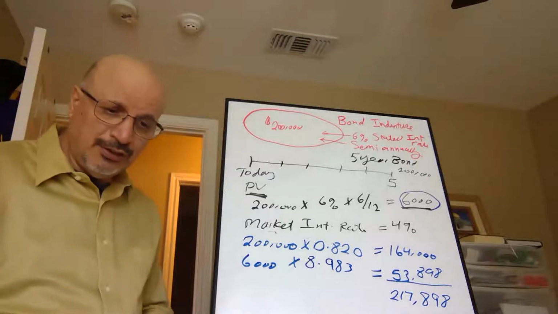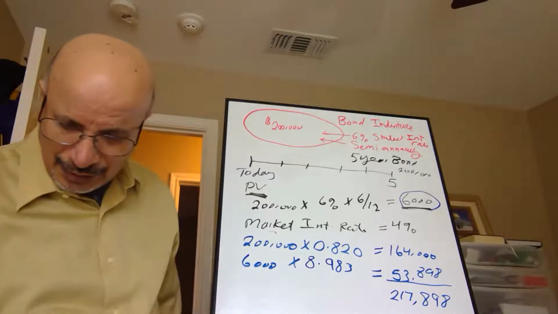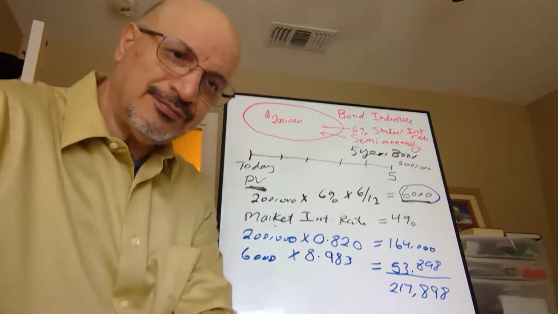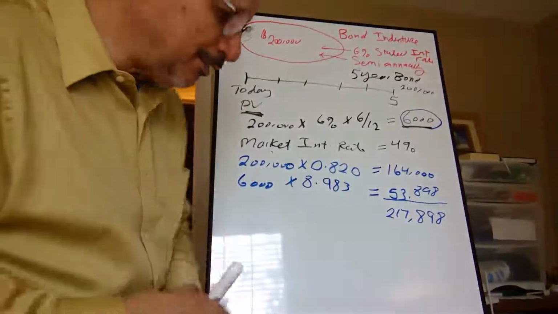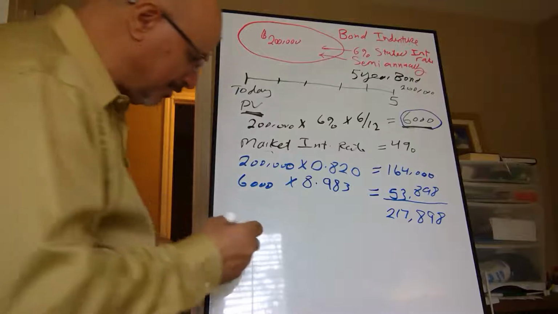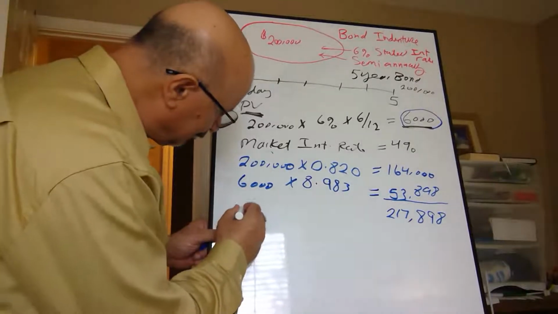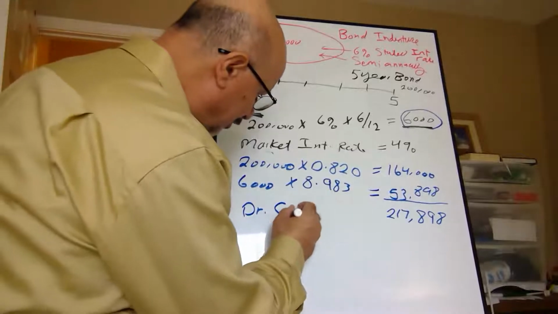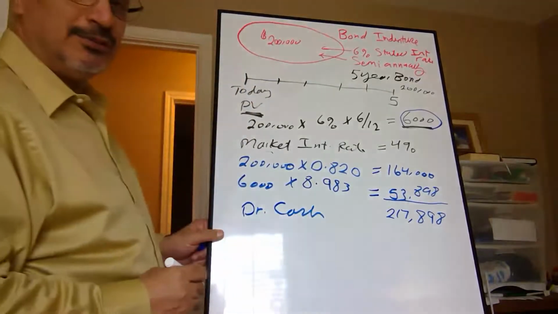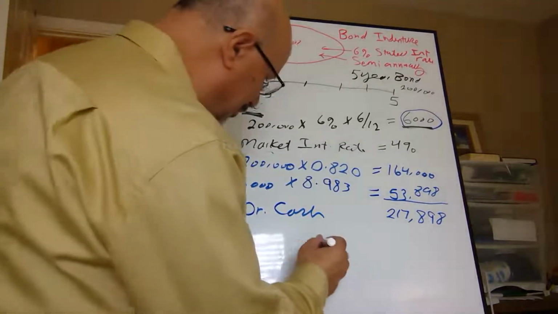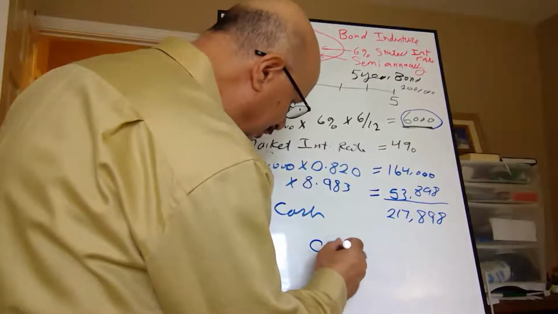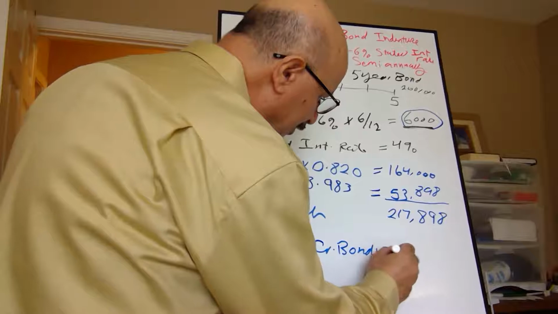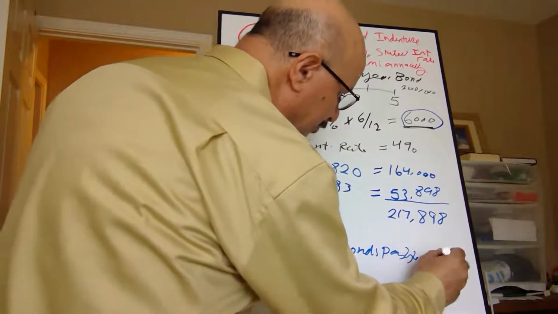So how do we record this transaction? We automatically debit cash, 217,898, and automatically we credit bonds payable at face value for 200,000.